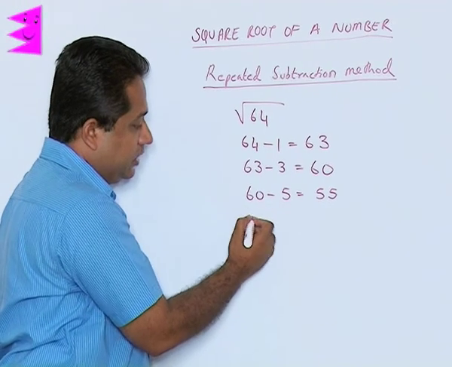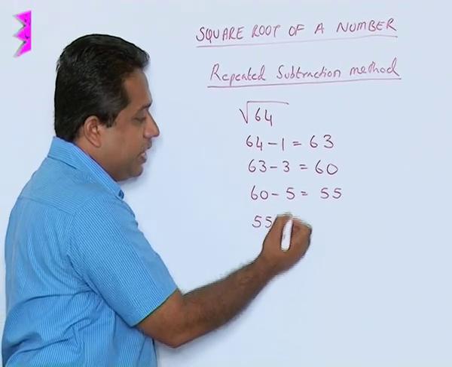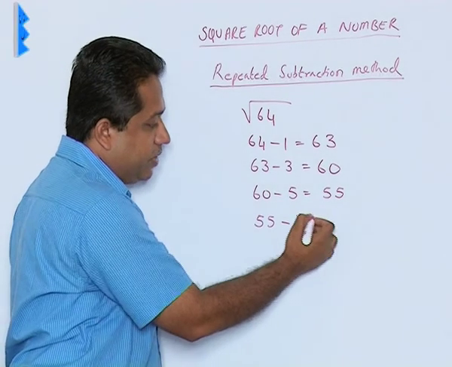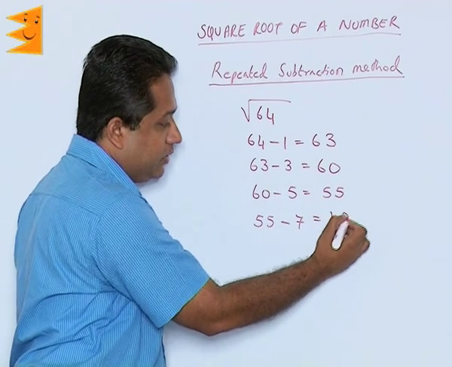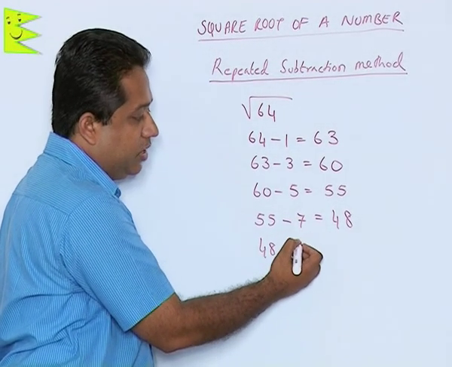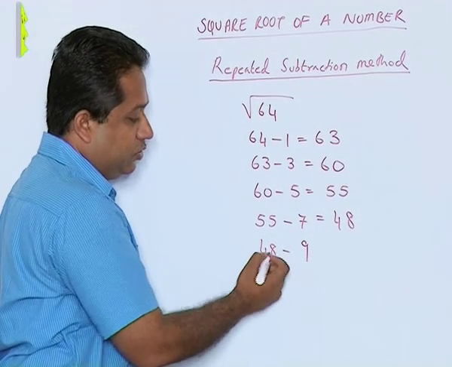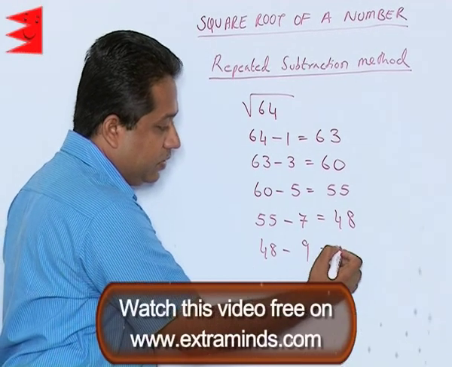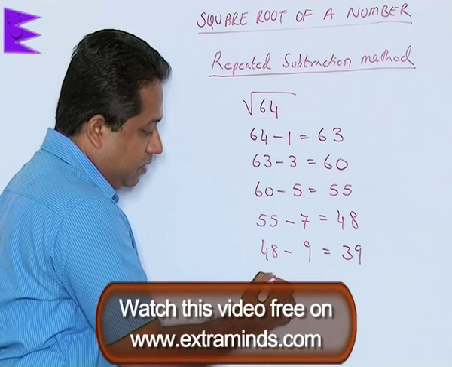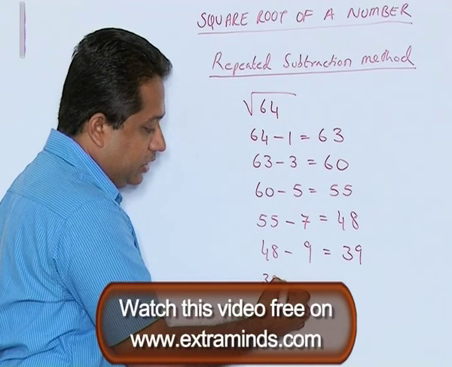Then next we have 55 minus the next odd number, that is 7. So 55 minus 7 we get 48. Then 48 minus the next odd number, which is 9. So 48 minus 9 we get 39. After that, the next odd number is 11.